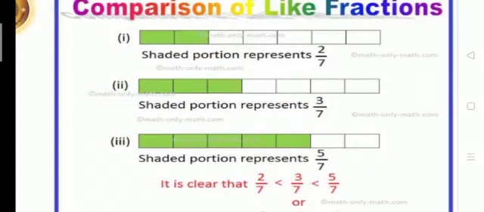When we compare the shaded area of the three strips, we can observe the shaded area in the first strip appears to be the smallest and the shaded area in the third strip is the biggest one. When written in mathematical form, it is 2 by 7 is less than 3 by 7 is less than 5 by 7, as you can see here.